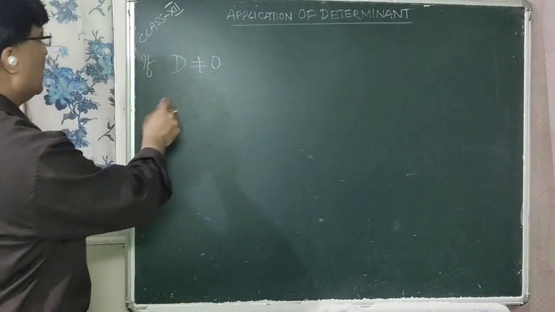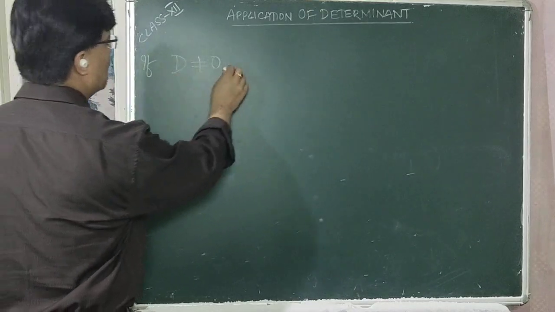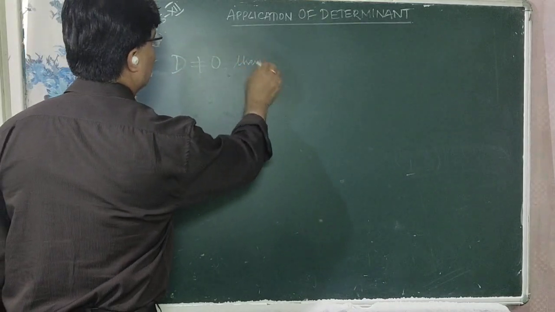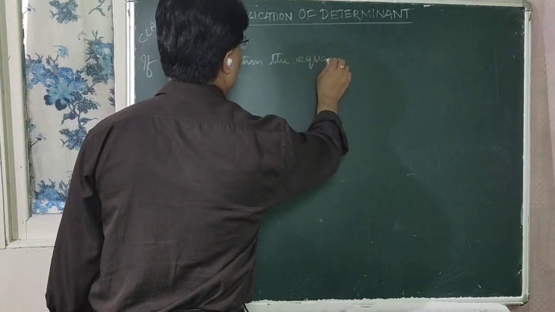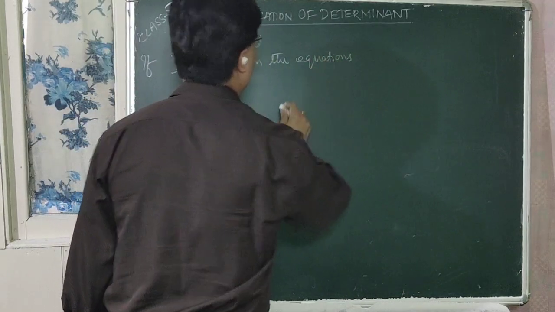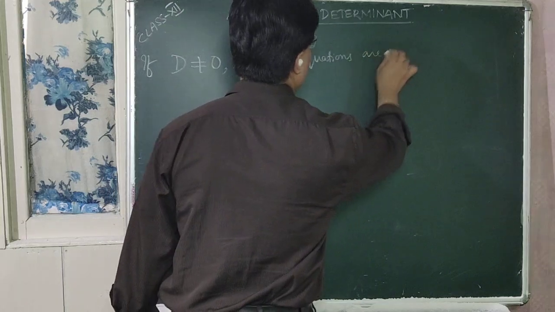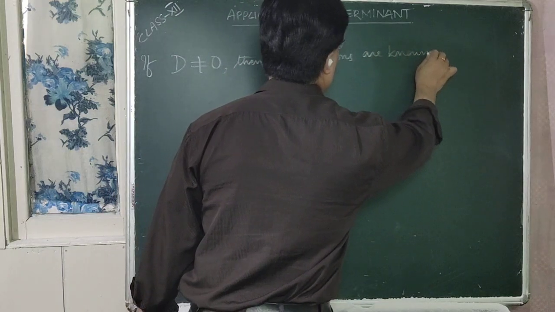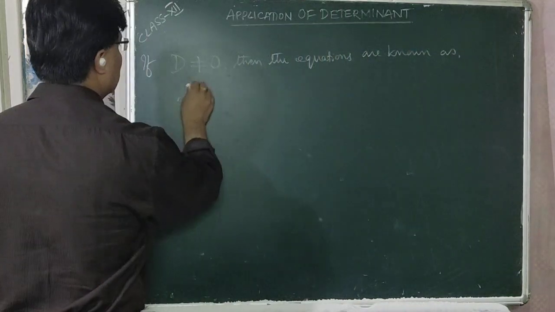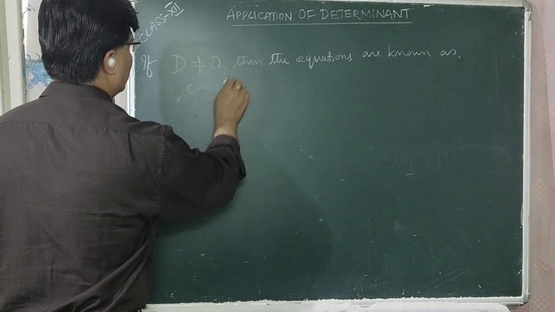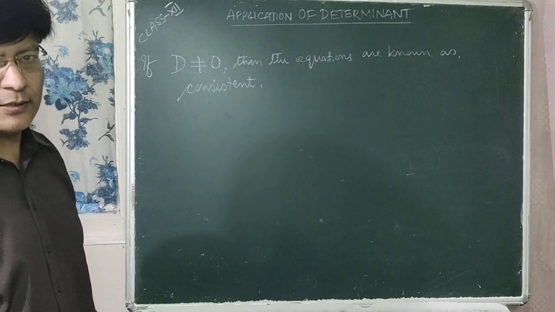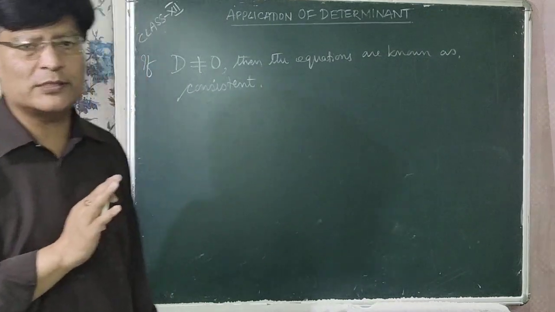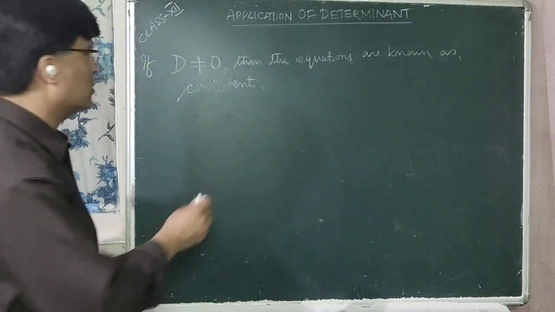So if d not equal to 0, then the equations are known as consistent, or the given system of equations has unique solution.